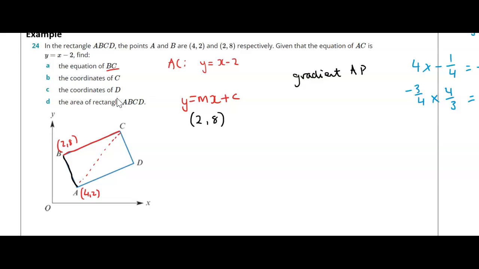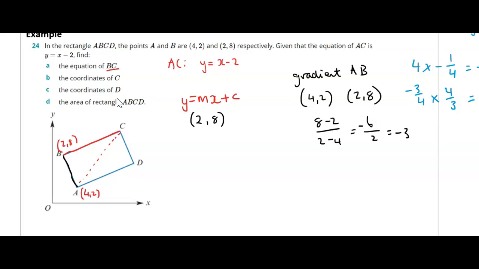So AB, my two points, (4, 2) and (2, 8). Remember, your y's over x's, so the difference in your y's over the difference in your x's: 2 minus 4. So what's that? 6 over negative 2, so it's going to be negative 3. The gradient of AB is negative 3, and we can see it's going to be negative because it is a negative gradient.